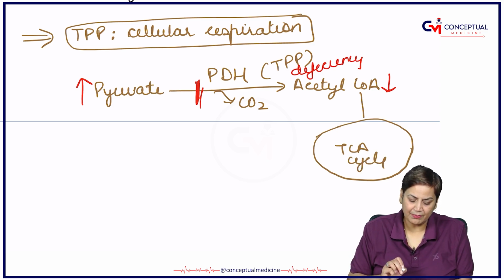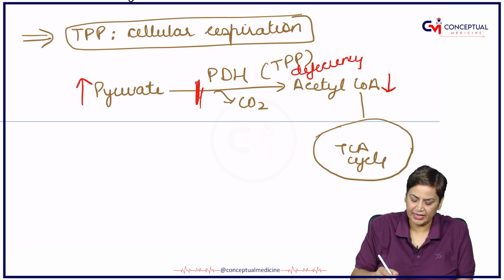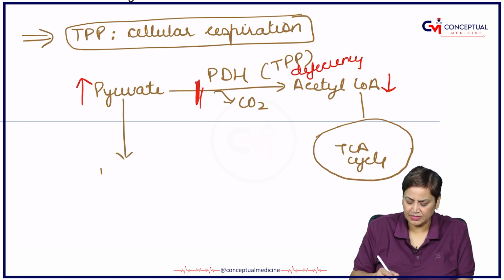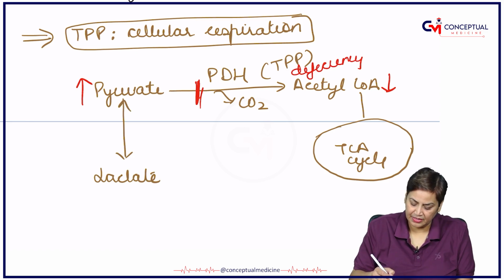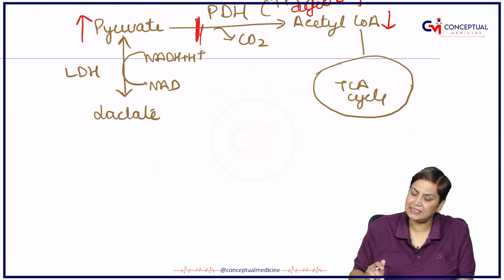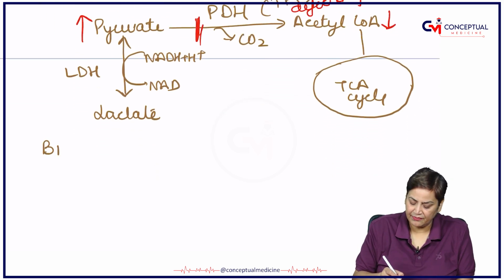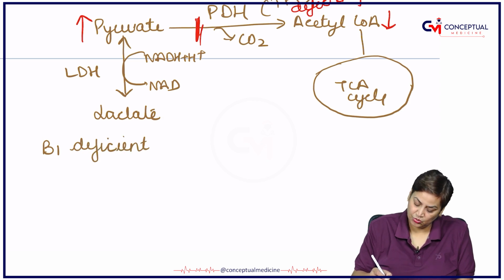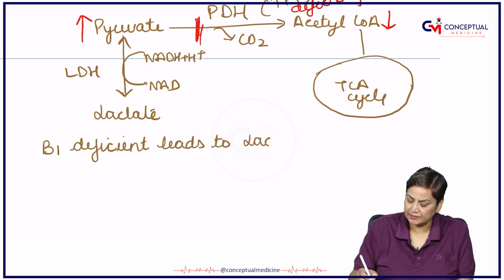Up here, if the concentration of pyruvic acid increases, it forms lactate. So I can say this is a reversible reaction, and the name of the enzyme is LDH. So I can simply say that B1 deficiency leads to lactic acidosis.